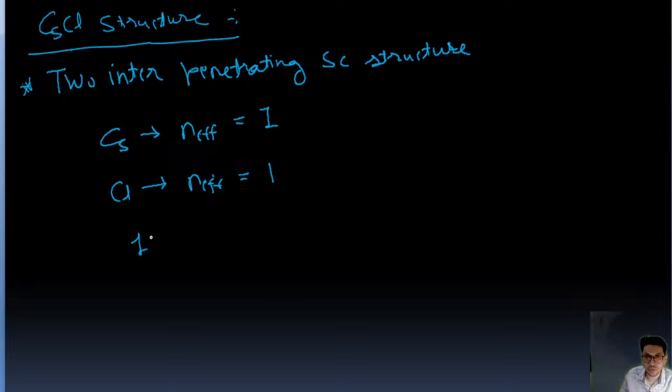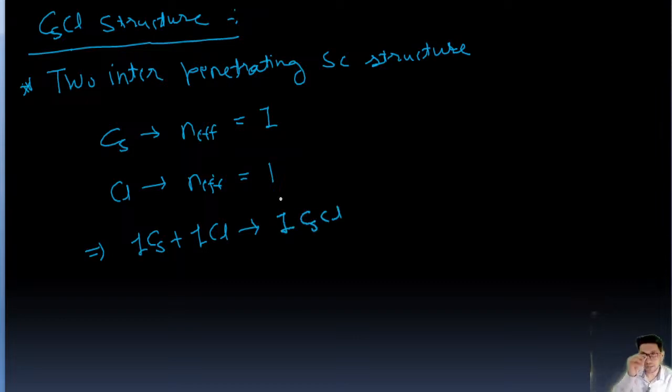That implies 1 Cs plus 1 Cl equals 1 CsCl, cesium chloride.